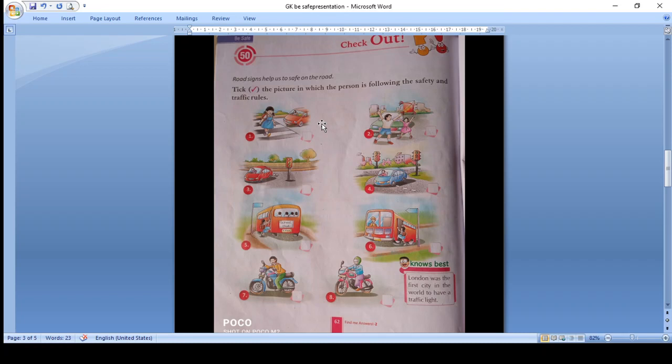Red means we have to stop, but the car is still moving on. In the green color signal, the car is moving. So for number 4 you put a tick. Okay, number 1 and number 4 you put a tick.